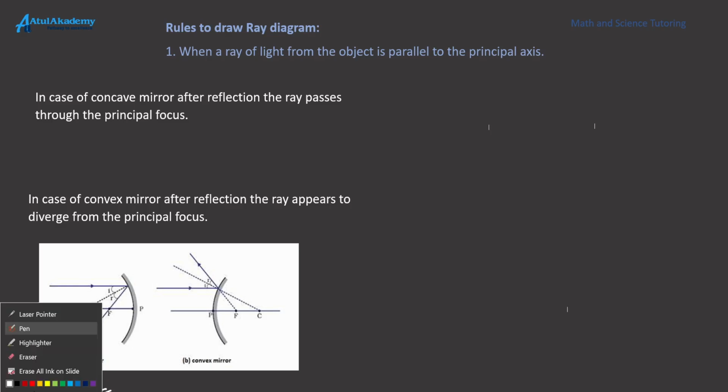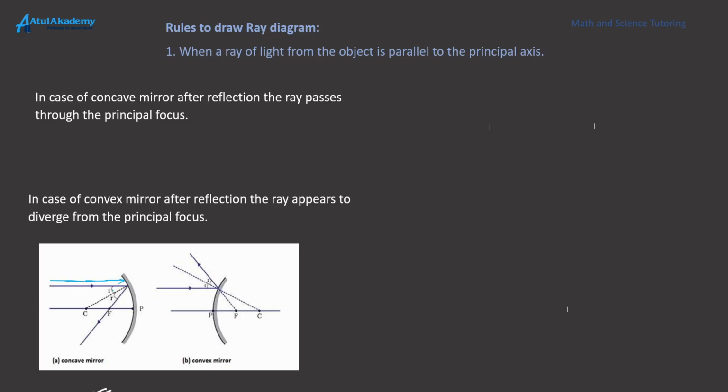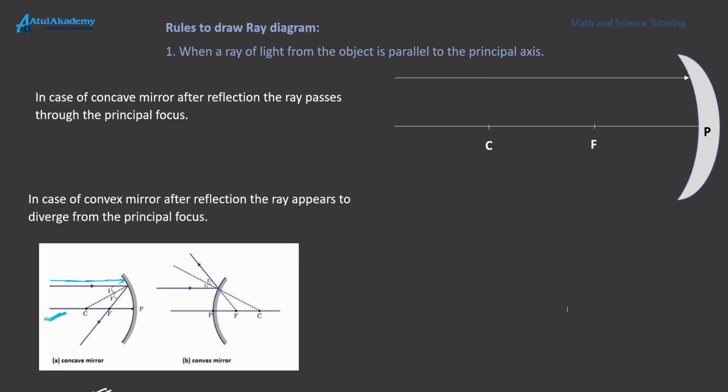The light rays are coming parallel to the principal axis. This is the principal axis. If they are coming parallel, how are they reflected back? They are reflected back through the focus. First, for the concave mirror we will check. We have the concave mirror, this is the pole, focus and center of curvature. The distances between them should be equal, meaning if this is 10 centimeters, this is also 10 centimeters. Now the ray is coming parallel to the principal axis.